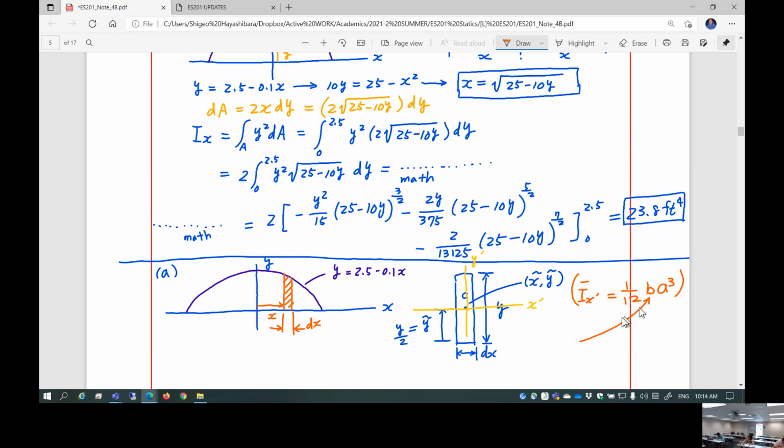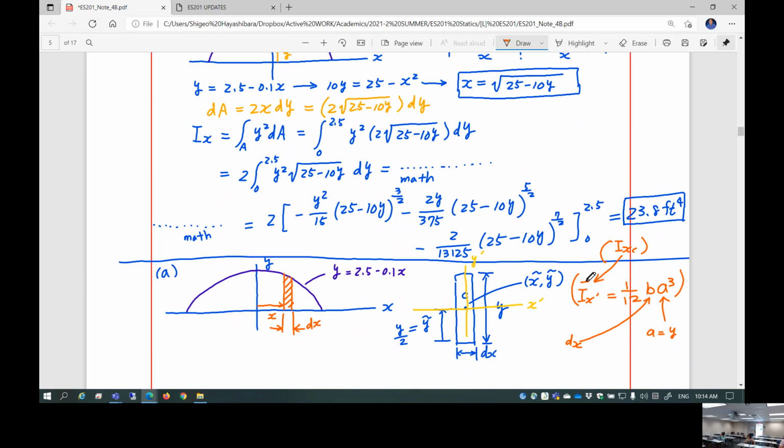So this b is dx, and this a is y. You know that. You can call this IxC also. This is the local moment of inertia going through the centroidal axis, IxC, which is 1 over 12 b a cubed, because this is a rectangular cross-section.